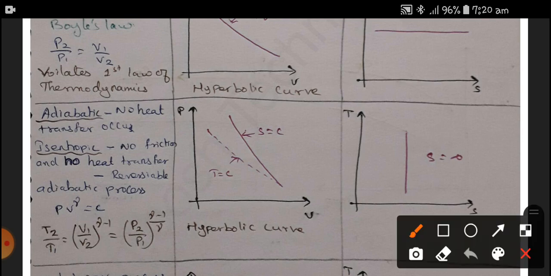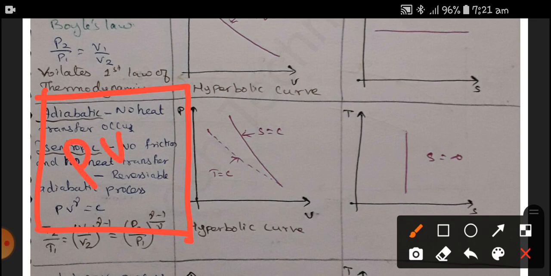You have to notice this: in many of the books, they say adiabatic and isentropic processes are the same, but in nature they are different. If I say adiabatic process, we are not at all considering friction as a term, whereas no heat transfer occurs. In an isentropic process, there is no friction and no heat transfer. The isentropic process is also called a reversible adiabatic process.